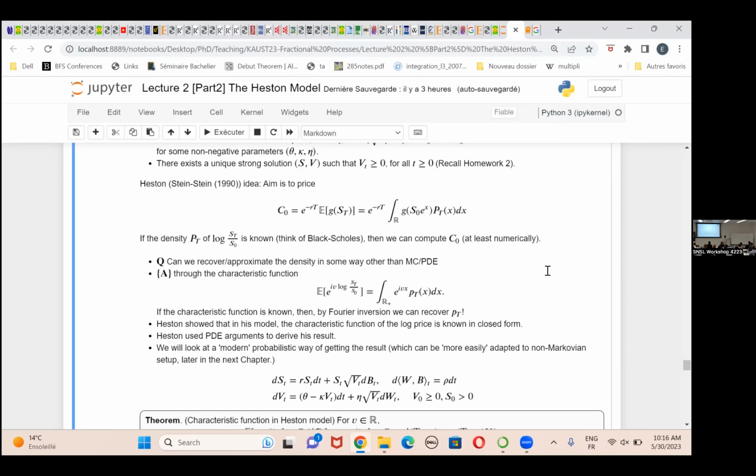Not exactly, because X can be negative, right? But it's the square root of V_t times the sign of X_t. So I can replace it by 2 sigma square root of V_t times the sign. Okay? So it almost looks like this, and by almost, I mean you have this sign, right?